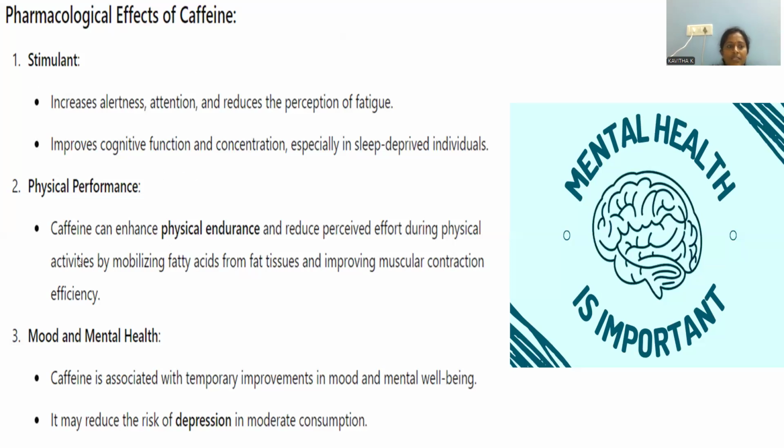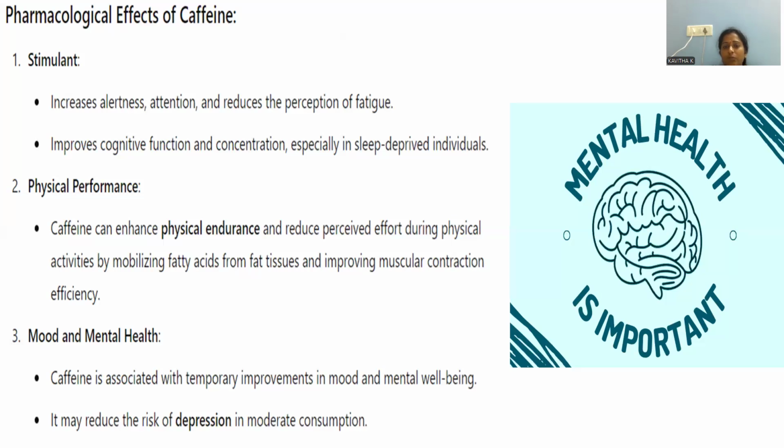And physical performance. Caffeine can enhance physical endurance and reduce perceived effort during physical activities by mobilizing fatty acids from fat tissues and improving muscular contraction efficiency. So physical performance indicates that whenever caffeine is consumed by a person, muscular mobility will be in a proper way.